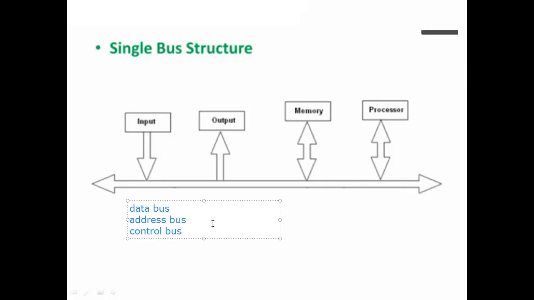Next, the address bus. Address bus means it has a number of address lines. Based on the number of address lines, we know the memory capability of the processor.